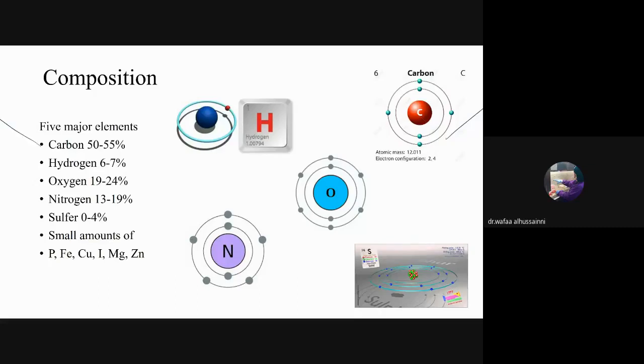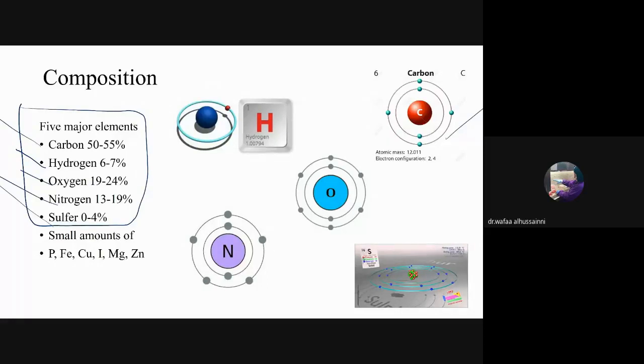We get hydrogen, which is 6 to 7%, and we have oxygen, 19 to 24%, nitrogen, 13 to 19%, and sulfur, 0 to 4%. So these are the 5 major elements in our system, in the protein.